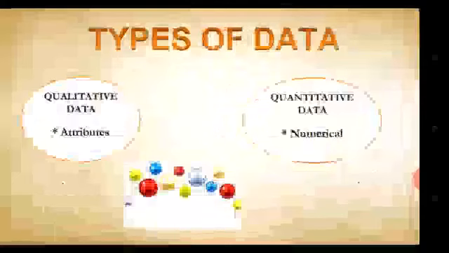Now as academicians, we might deal with a lot of attributes, for example intelligence, creativity, and the honesty and integrity of the students. All these come under attributes. Quantitative data is very simple for us: how many students are there, how many have participated, how many courses, how many institutions, how many organizations. It gives only numerical data.